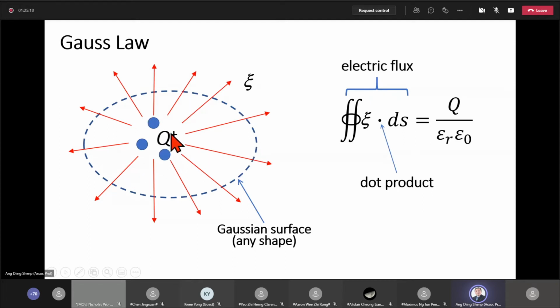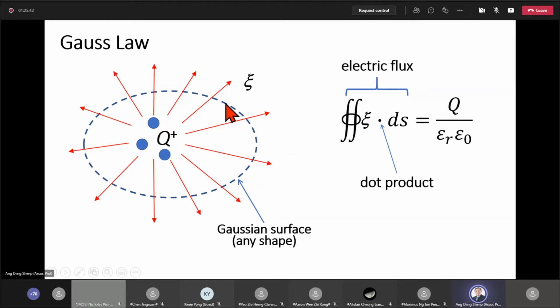All right, now imagine, just for the example, if I have some positive charges here, plus Q. There will be electric field emanating from these positive charges, and I can relate the electric field at a certain distance away from the charge to the amount of charge present here, using Gauss law.